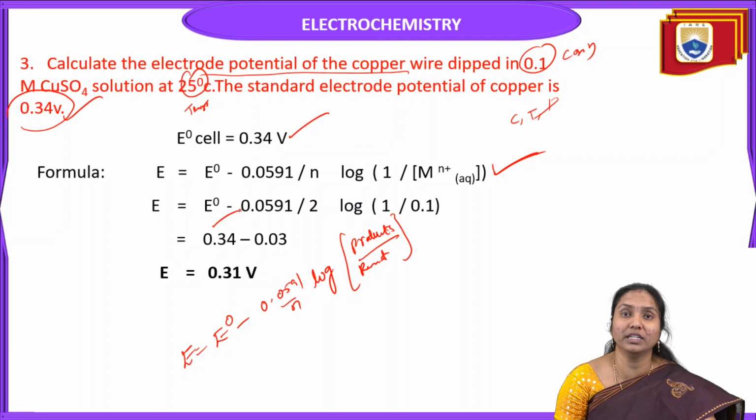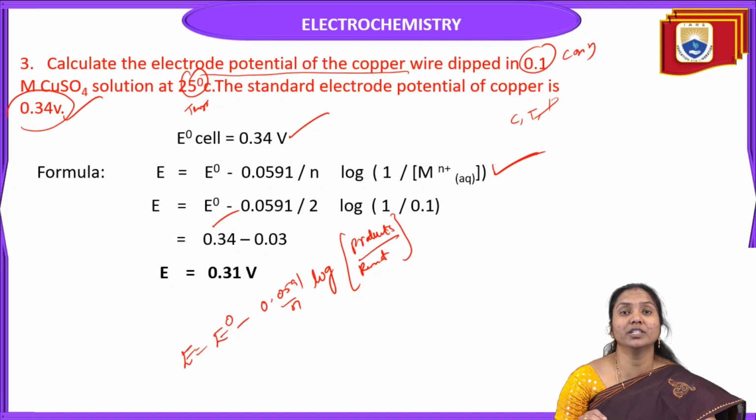E naught means standard electrode potential, and capital E means single electrode potential. What is the meaning of electrode potential? It is the tendency of a metal to get oxidized or reduced when dipped in its own salt solution. If the metal undergoes oxidation, it develops oxidation potential; if it undergoes reduction, it develops reduction potential.